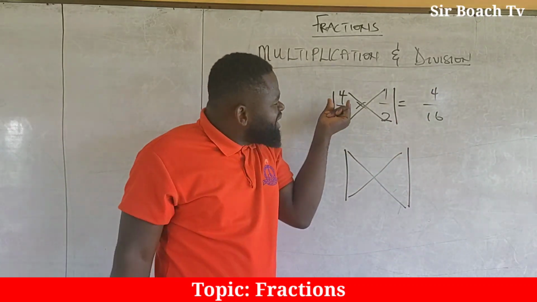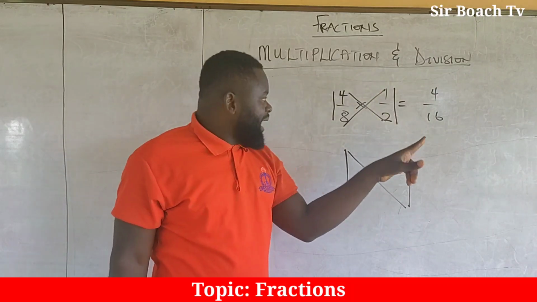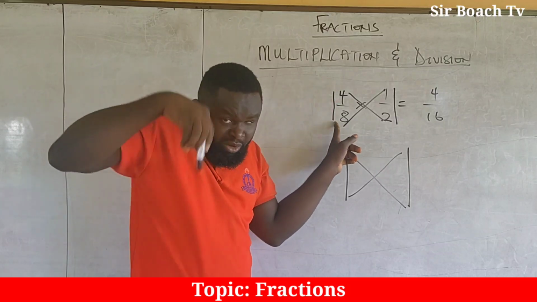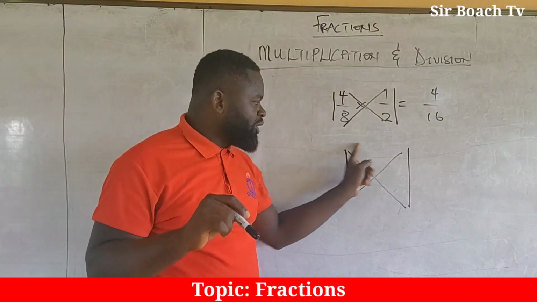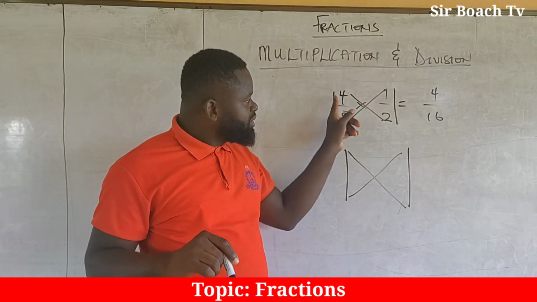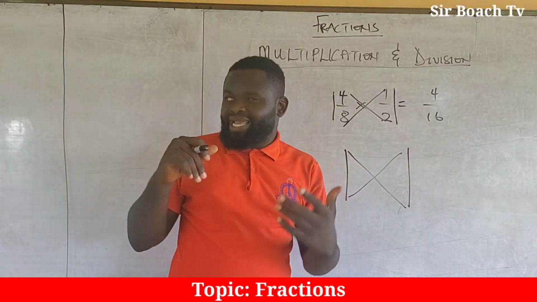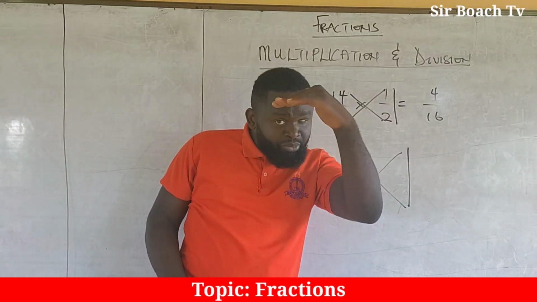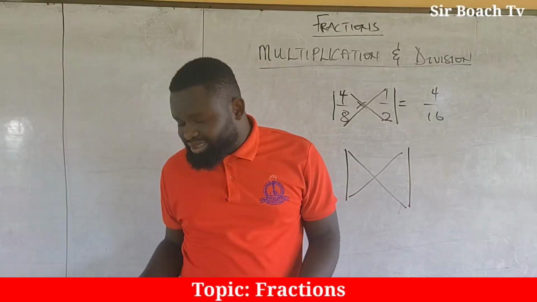Again, we can cancel the numerator of a fraction with the denominator of another fraction. We can also cancel the numerator of one fraction with its own denominator. But we can't cancel a numerator and a numerator. No. That's why we go in the line over here. So this is how we cancel: numerator, denominator, numerator, denominator. In a nutshell, a numerator cancels a denominator. Is it clear? A numerator cancels what? A denominator.